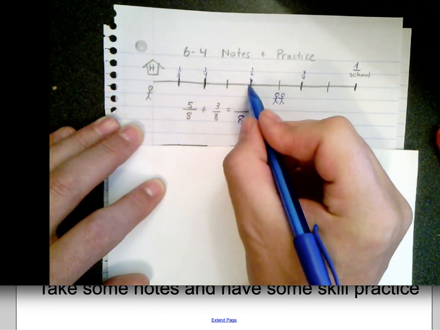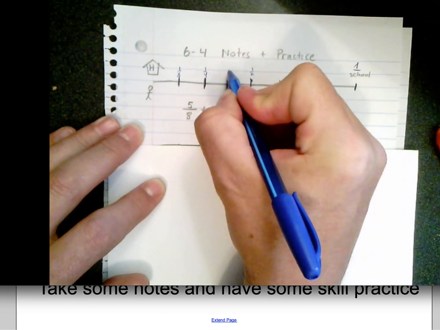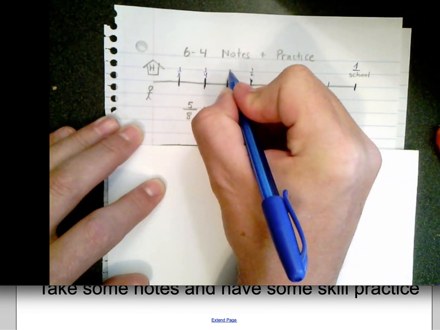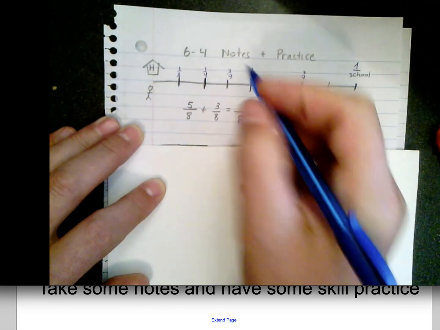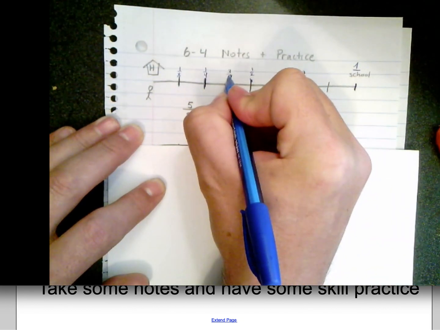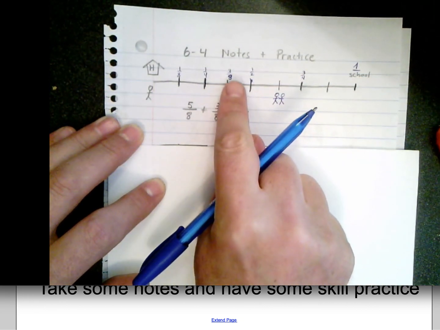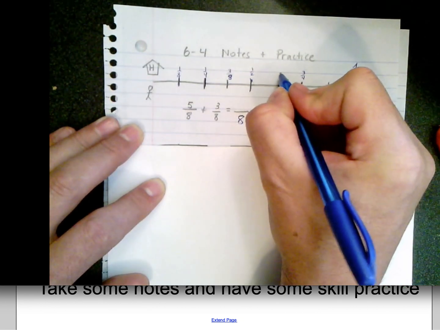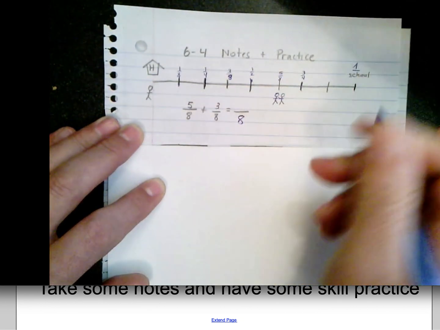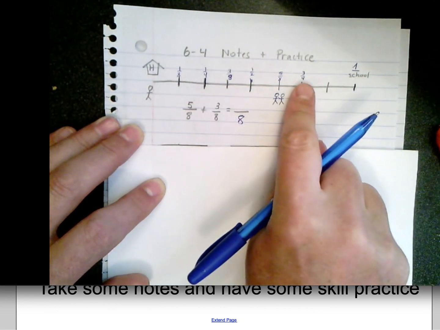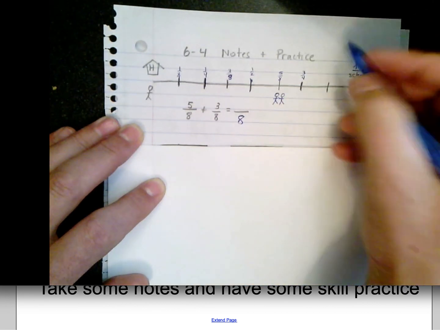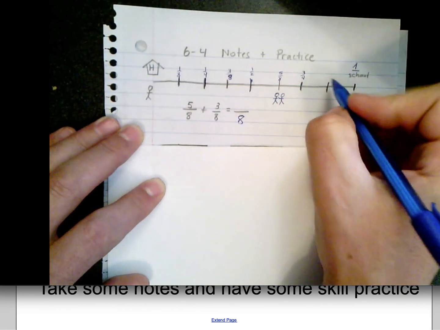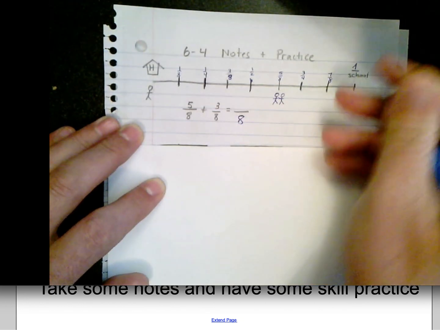Halfway between quarter and half, tick mark, that's going to be called 3/8. I apologize. Halfway between half and 3/4 is going to be called 5/8. And then halfway between 3/4 and the whole way is going to be called 7/8.